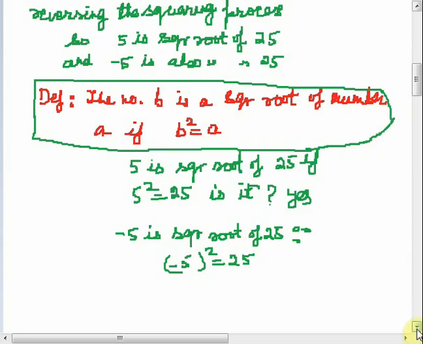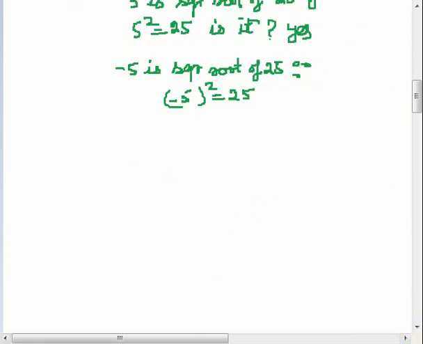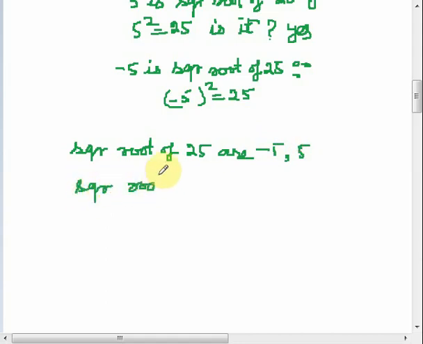As we can see above, every positive number has two square roots, one positive, one negative. For example, the square roots of 25, as we have seen, are minus 5 comma 5. The square roots of 16 are minus 4 comma 4.